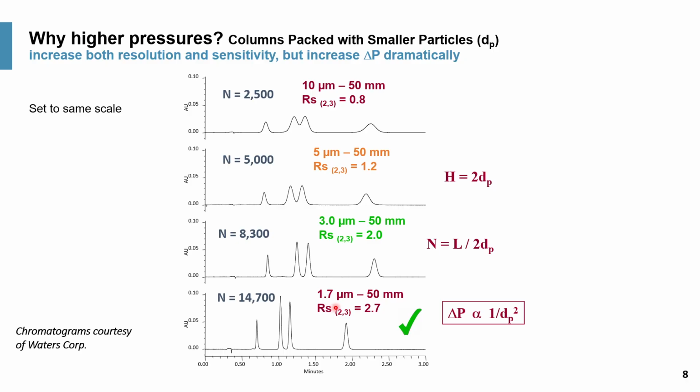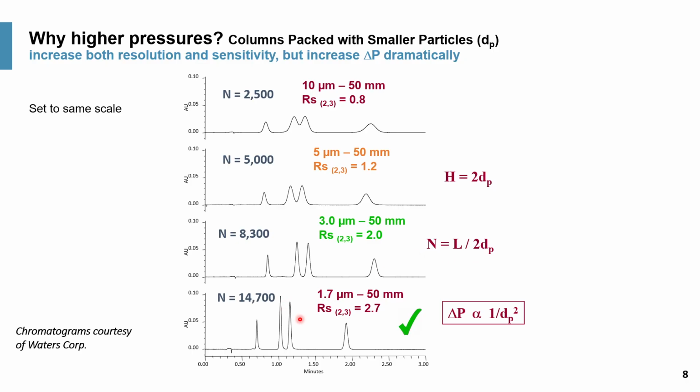Now, obviously, when you use a column packed with smaller particle size, the efficiency is much greater because the minimum plate height, h, is roughly equal to 2 times the particle size. So N is equal to the length of the column divided by twice the minimum plate height.